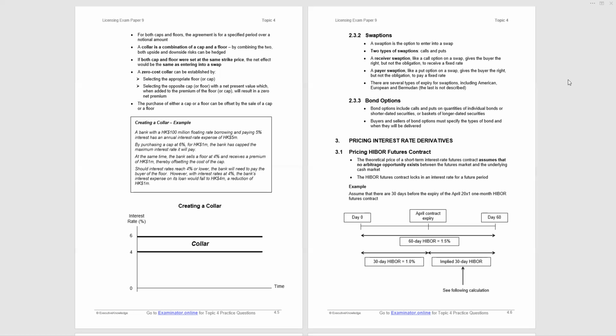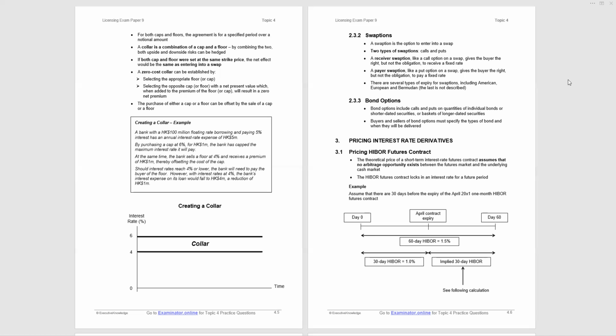So the example reads, assume that there are 30 days before the expiry of the April XT1 one-month HIBOR futures contract, so that the price of the HIBOR futures contract will be the interest rate for 30 days in 30 days' time.